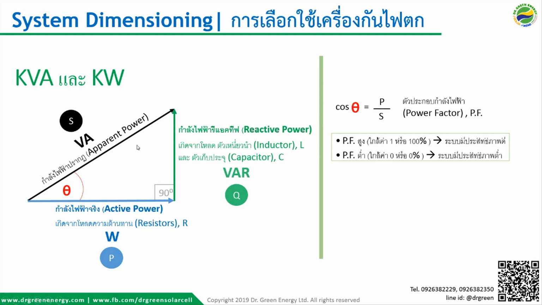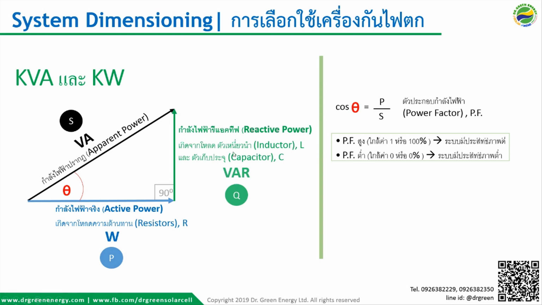These three parameters will be considered from time to time when you design the system. You have to take them into account to improve the efficiency of the system. That means they will contribute to improving, or can impair, the power factor of the system.